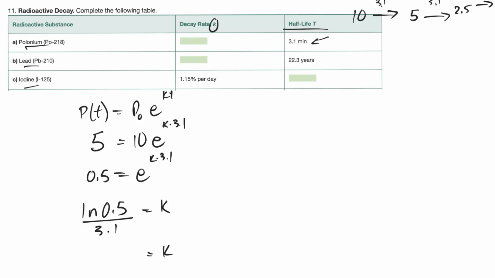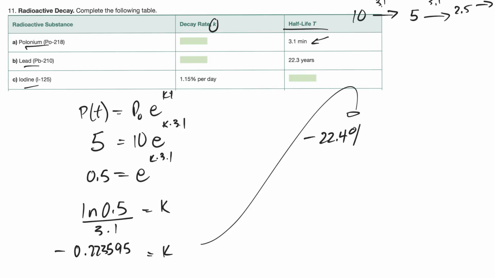So my k value is negative 0.22359, etc. Which again, the k value I can write as a percentage, so it'd be negative 22.4%. That'd be what your k value is. Notice it's negative, and it's negative because it's going down. It's getting smaller. All right, hopefully that helps you with those questions of exponential decay or growth.